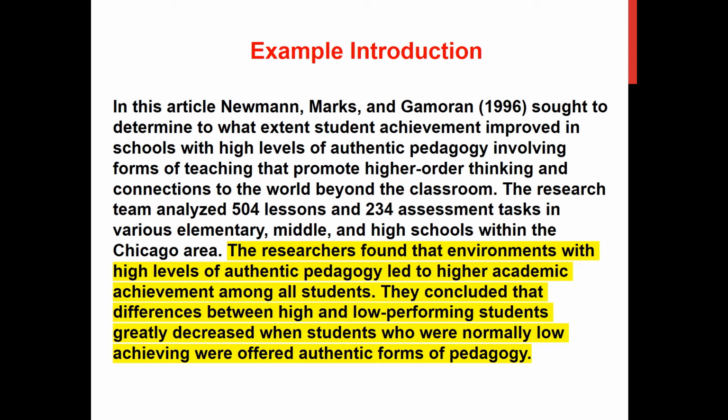That's in the interest of brevity for this tutorial, but you'll want to include at least three. And what we're doing there is signaling to the reader that these are the main ideas or findings that we're going to explore in the body paragraphs that are going to come next.